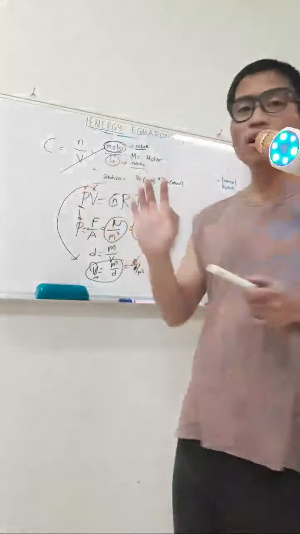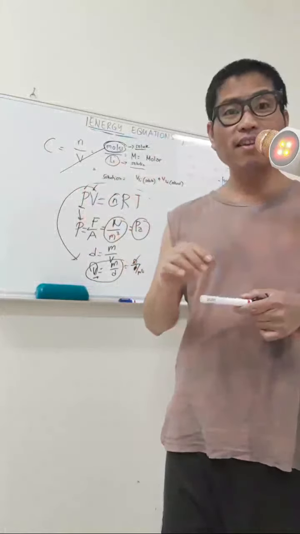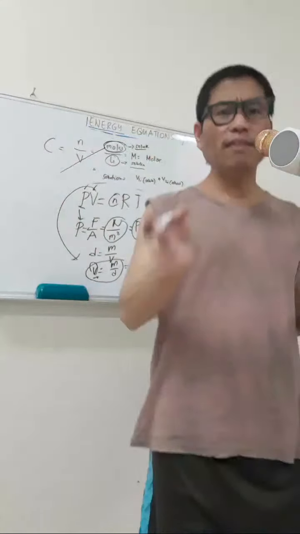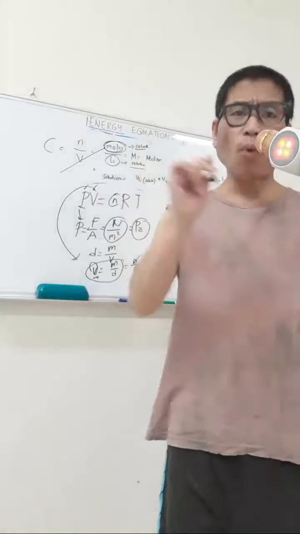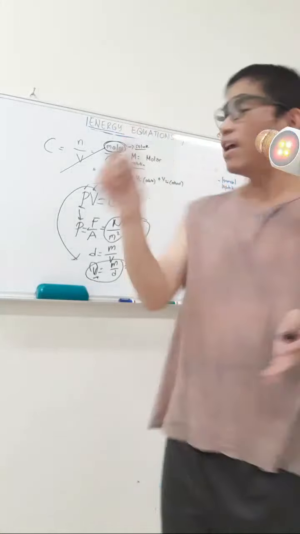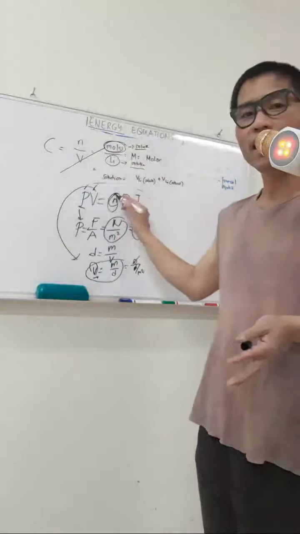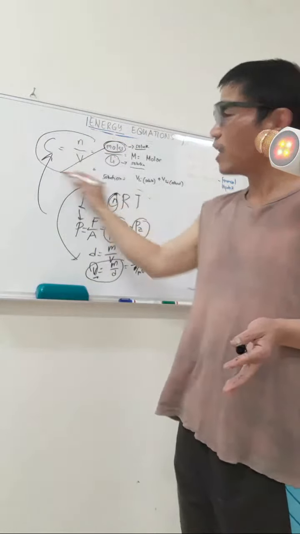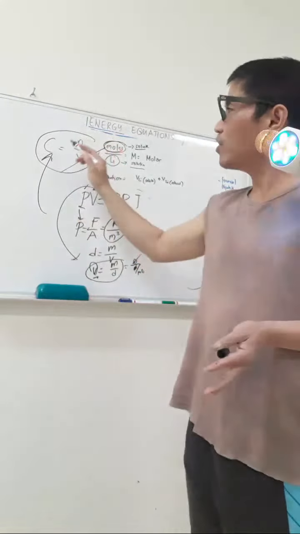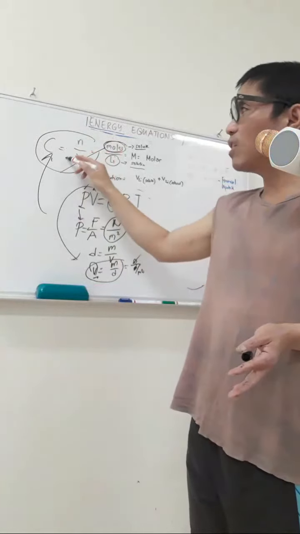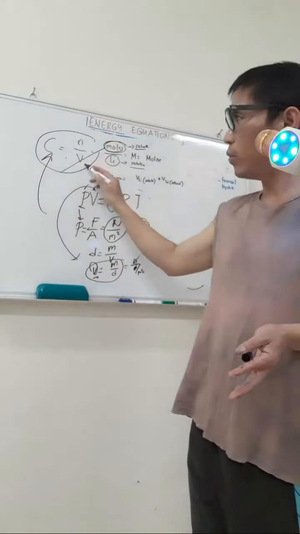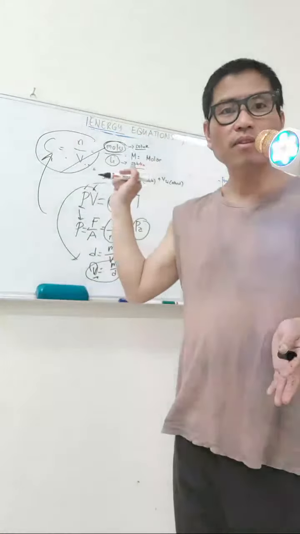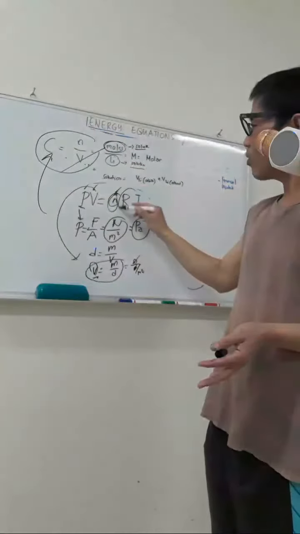From the molar mass, which I discussed a while ago, molar mass is equal to mass over the mole, so mole is equal to grams over the molar mass. Or in terms of concentration: concentration is equal to the number of moles over the volume. Now, universal gas constant.